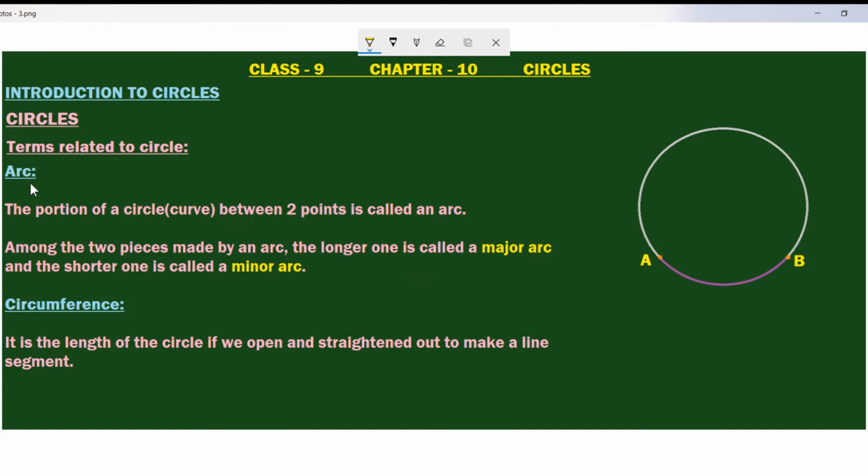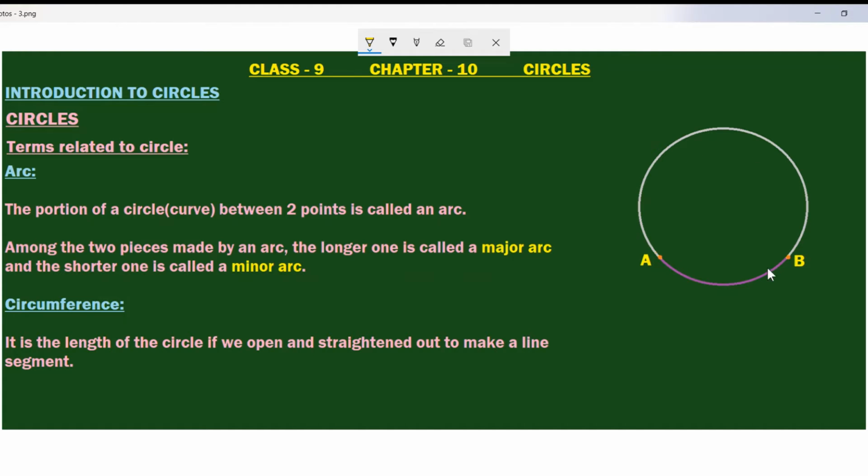Arc. The portion of the circle between two points is called an arc. Here I have taken two points on the circle, A and B. This curve is called the arc of the circle. Here you can see one small curve is there and on this side one big curve is there.